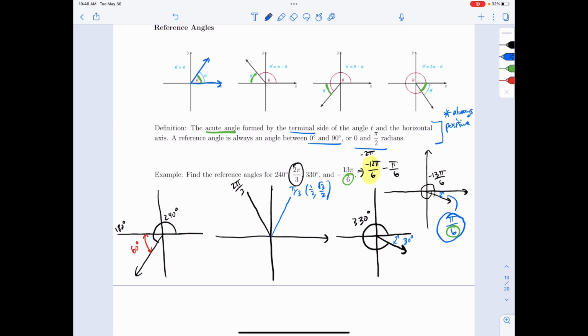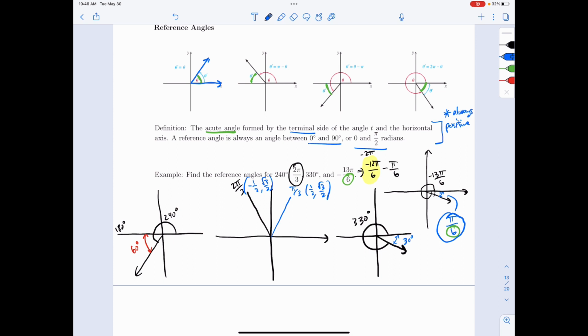Because I'm in quadrant 2, the x coordinate is negative and the y coordinate is positive. So the x coordinate is going to be negative 1/2, and the y coordinate is going to be root 3 over 2. Same coordinates, but just the signs are different.